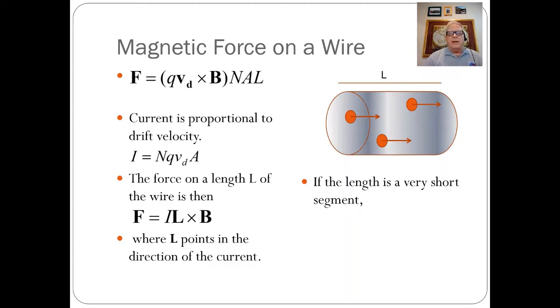If the length is a short segment, then we have to integrate over a segment of wire. We would say that the little bit of the force is equal to I times a little bit of the length crossed into B. Therefore, the overall force would be the integral of I dl cross B.